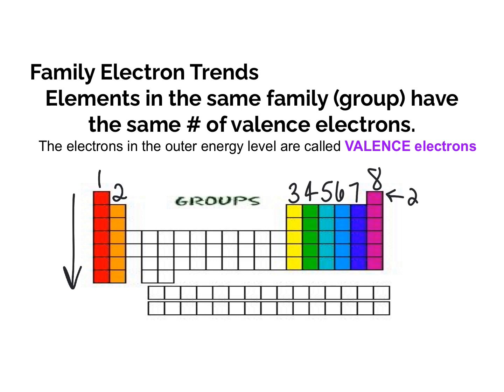So for example, all of the red elements have 1 valence electron, all of the orange have 2, and so on and so forth. All of these here have 8, except for helium only has 2. But that's how we can tell valence electrons based on families.